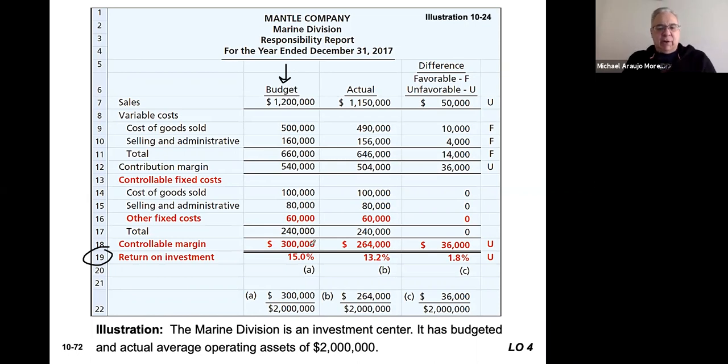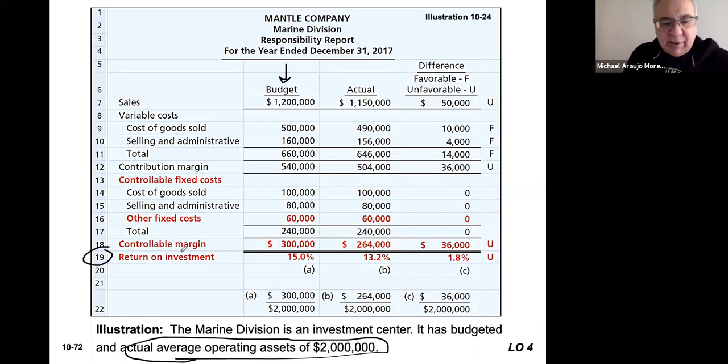Okay, that was their controllable margin. They had average operating assets of 2 million. That information is given to us here. Okay. So when you take the $300,000 in controllable margin and divide by the 2 million in average operating assets, you get that 15% ROI. Okay, that's what was budgeted.